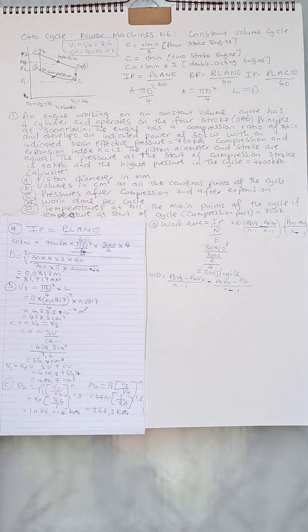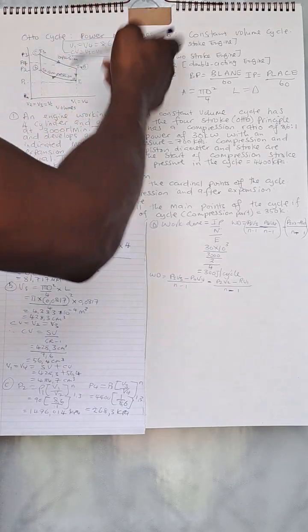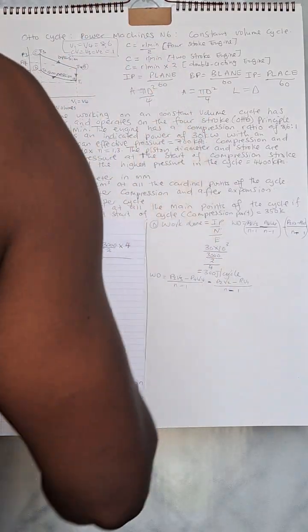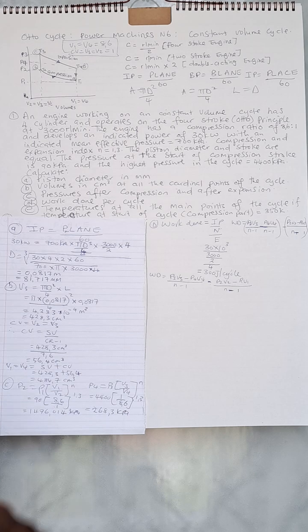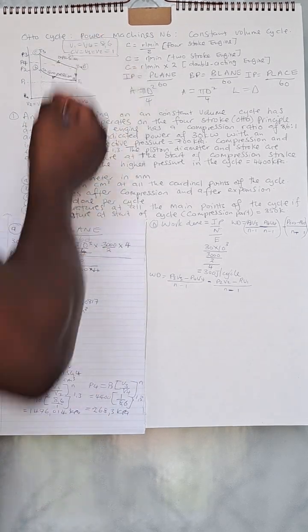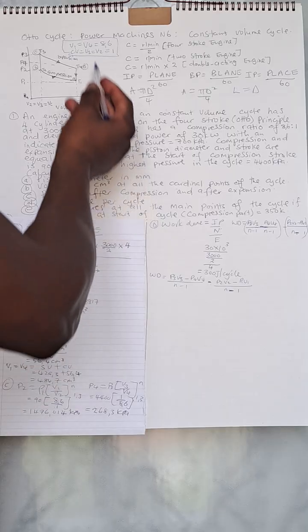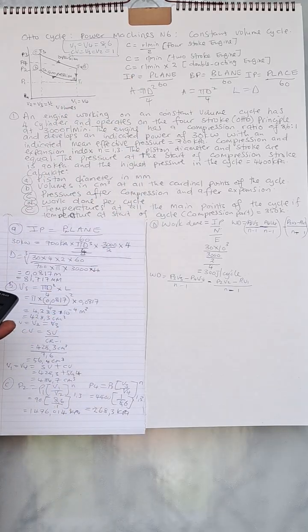The easier thing you can do is use the V3 from the compression ratio. But if you want to use the one that we calculated, it is still fine. I will stick to the ones from the compression ratio. Our V3 from the compression ratio is 1.